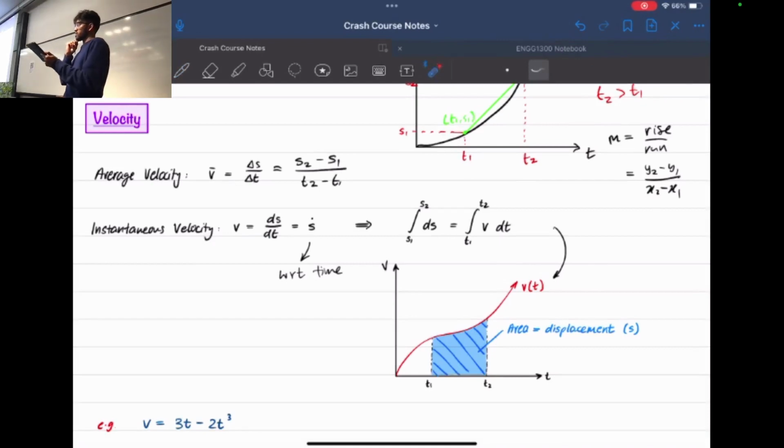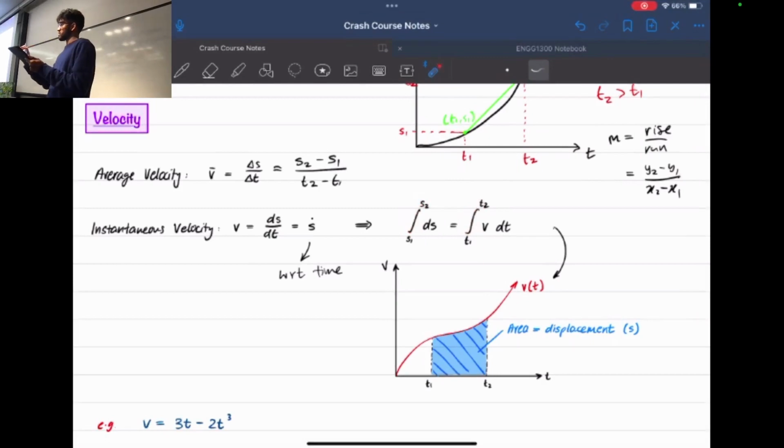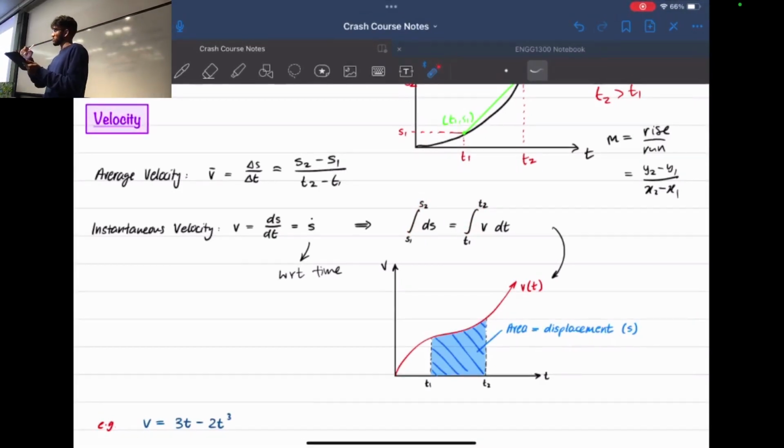And again in Math 1A or Phys 1A, you guys might have learned that you can separate this differential equation. We're going to separate it, and take the dt to the side of the v. When we integrate both sides, we get a new equation: the integral of ds, with respect to displacement, is equal to the integral of velocity with respect to time.